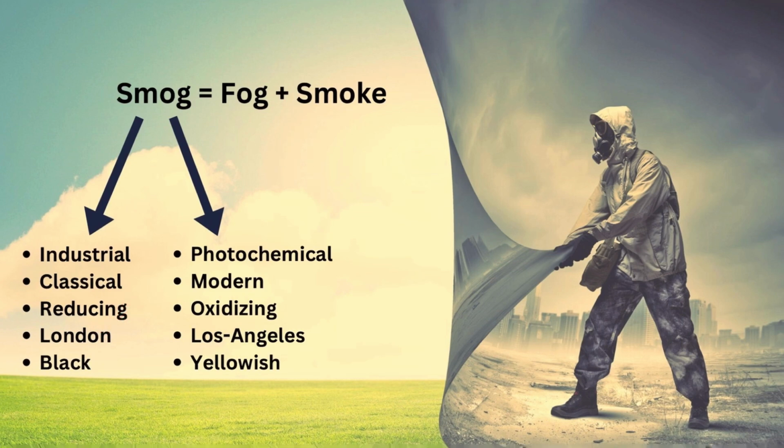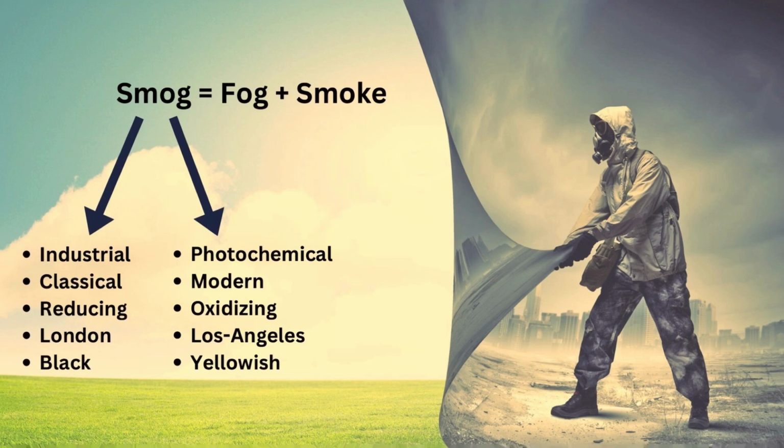The major incident of this type of smog happened in London, so it is also known as London smog. It was blackish in color, and the main culprit behind it was coal, which was the main industrial fuel at that time.